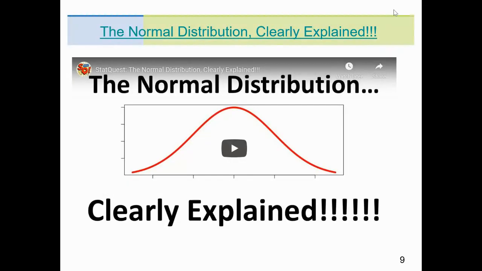When you want to play this, go to the PowerPoint, click on the arrow and it'll play. Now, many times it's going to go to YouTube, and if you want to see it full screen, click on the YouTube icon or bring it to YouTube, and then you can display it full screen. But this will not play here because you won't hear any voice. So go to the actual PowerPoint.